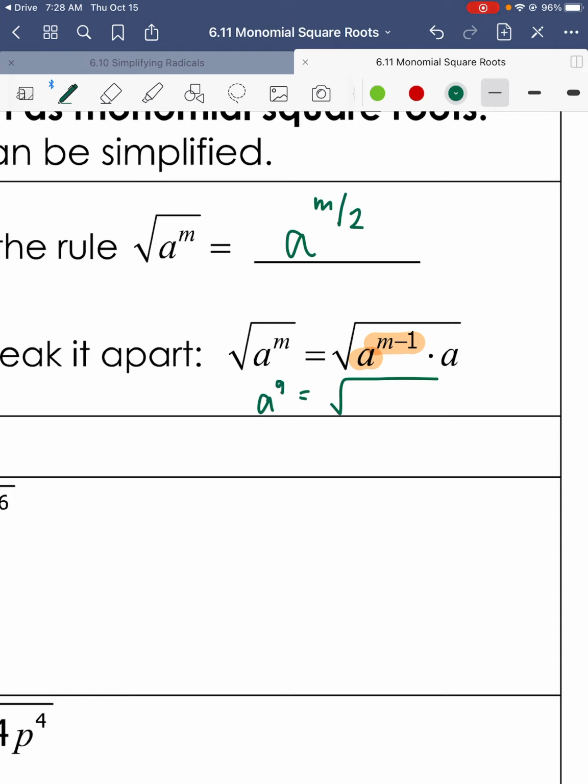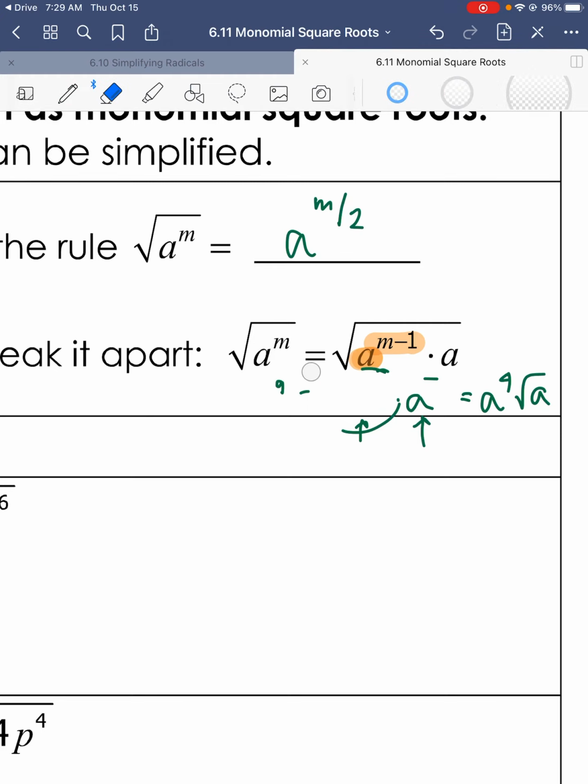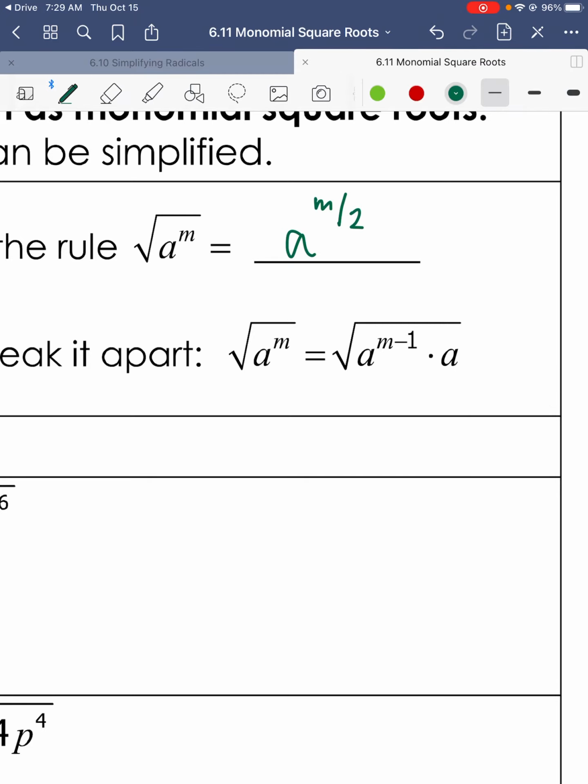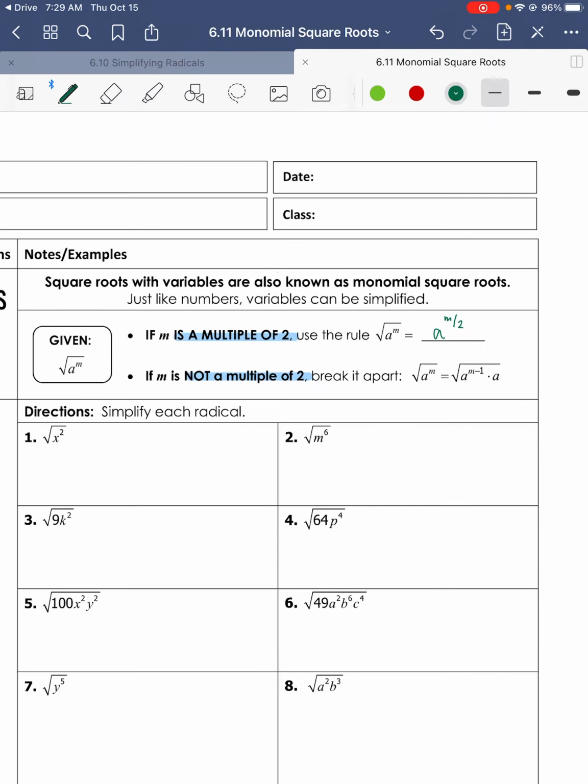A to the m minus 1 would be 9 minus 1, which would be a to the 8th times a. So just like I said yesterday, we're just breaking apart one of them so that we can get an even one. And then we can break this a to the 8th off, which would be a to the 4th, and then we'll leave the last one underneath there. Okay, so I'm going to erase this, and then we'll look at a couple example problems.